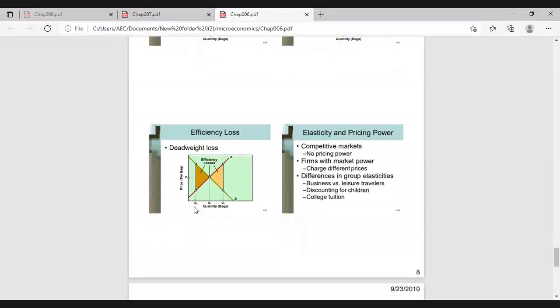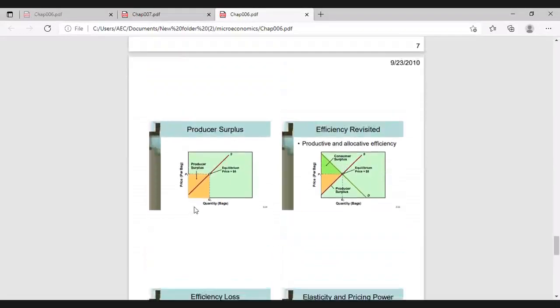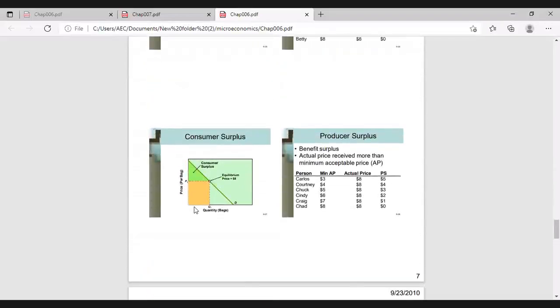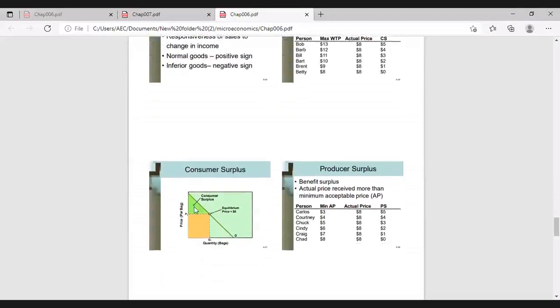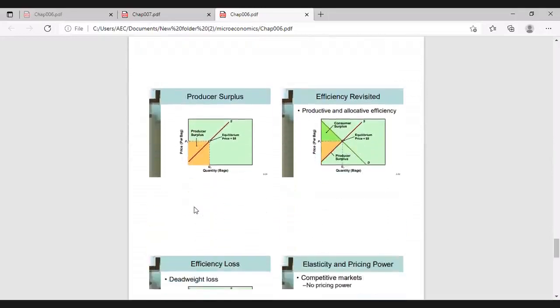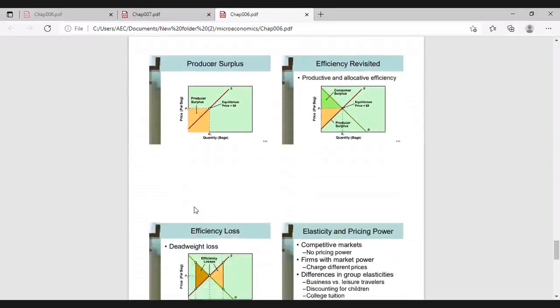Later we will study monopoly, where we will not achieve this efficiency. So we studied demand, supply, efficiency and equilibrium. Next we will study chapter 7.